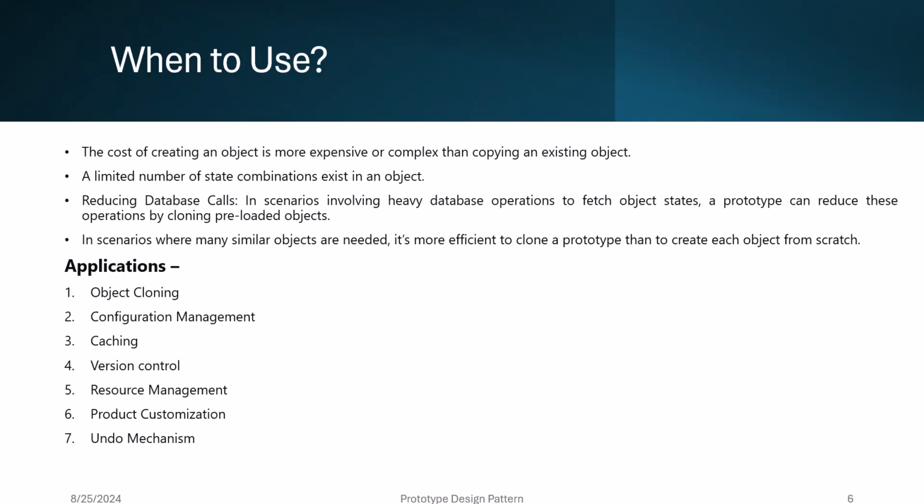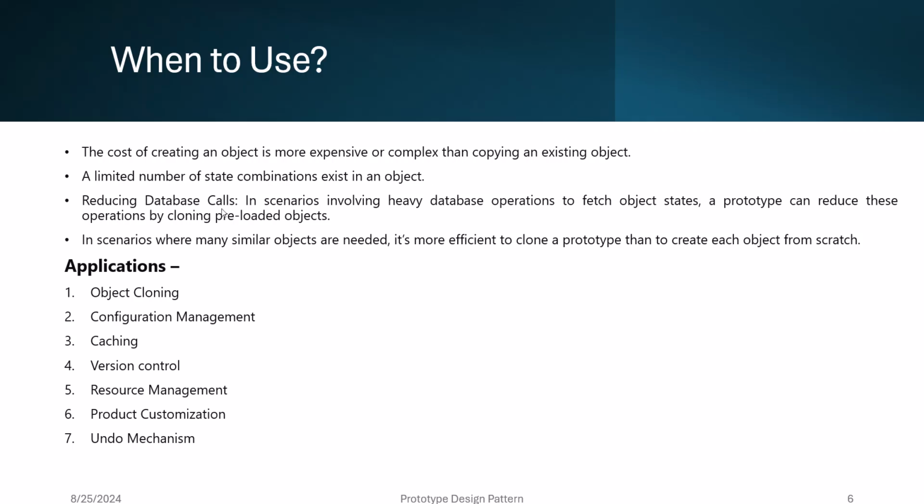So when to use the prototype design pattern? When the cost of creating an object is more expensive or complex than copying an existing object, we can use the prototype design pattern. Also, when a limited number of state combinations exist in an object.